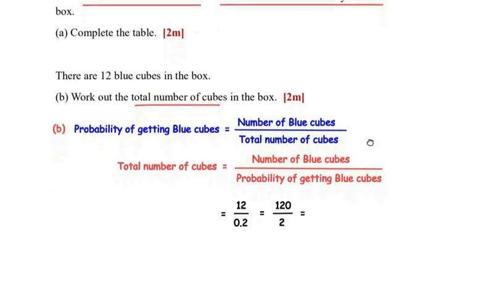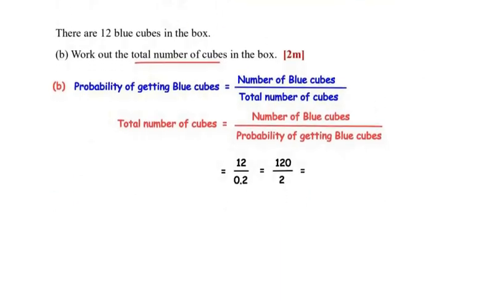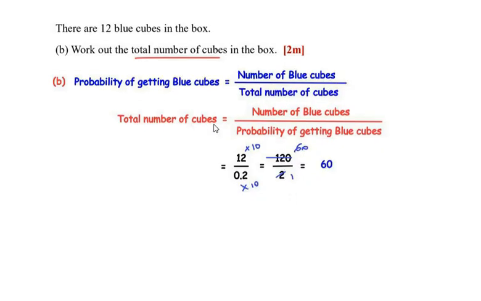We have multiplied the numerator and denominator by 10 to get rid of the decimal point. So 12 times 10 gives us 120, divided by 0.2 times 10 gives us 2. Now 2 divides 120, that is 2 1 times is 2, and 2 60 times is 120. So the total number of cubes in the box is 60, and this is our answer.